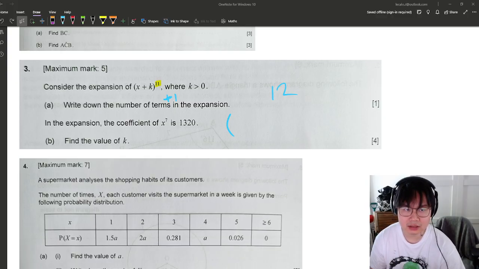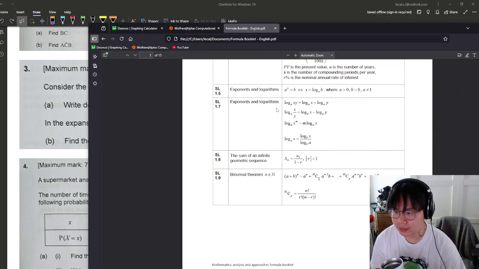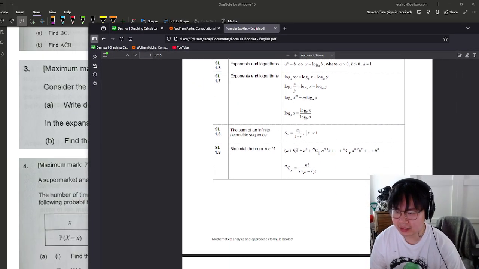Okay. Here. So this is the binomial theorem, right? Expand it out. And then nCr is this formula right here. Not that you really need to know it in SL. There is a function on your calculator to calculate this. So 1, 2, 3, 4, whatever, right?